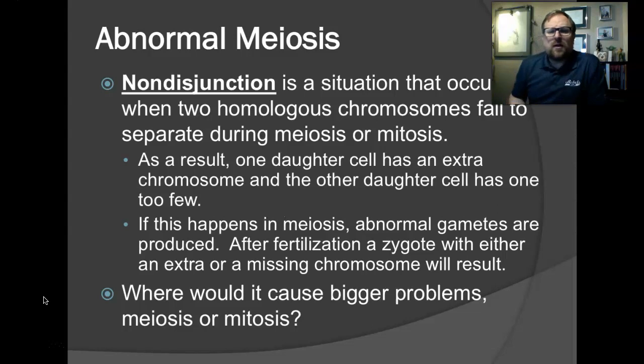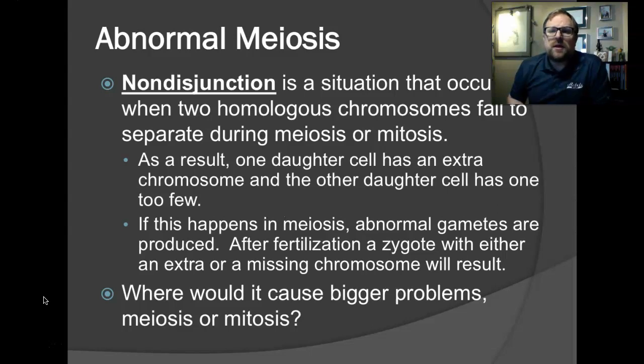One daughter cell has an extra chromosome and the other daughter cell has one too few. Remember, I've been showing you very simplified examples of what's going on during meiosis and mitosis. I have not been including all 46 chromosomes or 23 pairs because you'd end up with a ridiculously complex diagram.